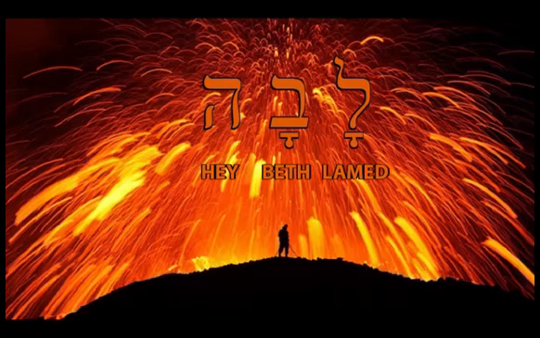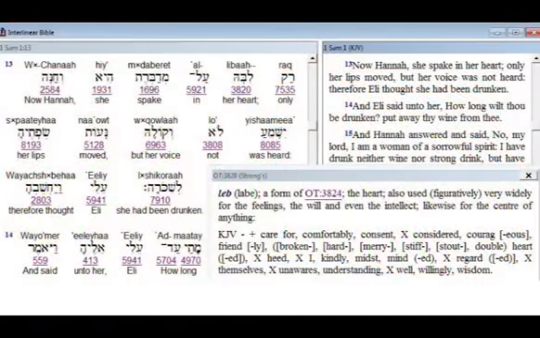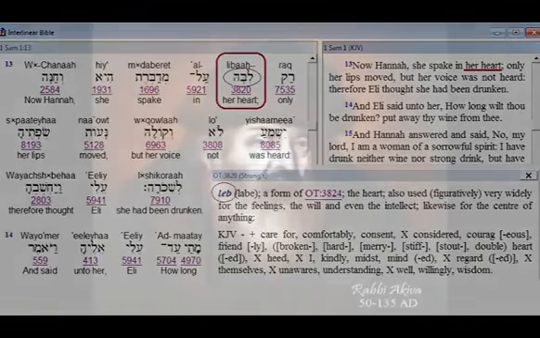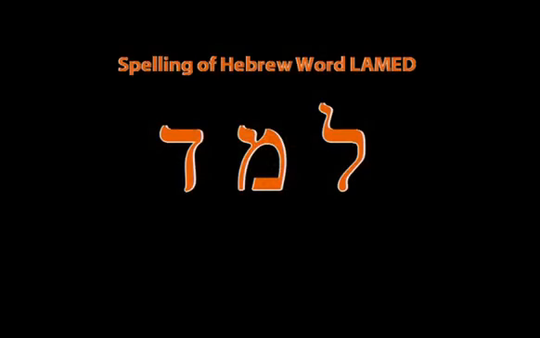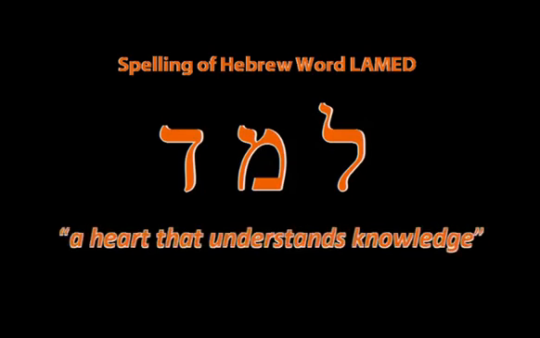What we see is the creation of a beautiful word picture that was created firstly by the meaning of each Hebrew letter and expresses the word picture, her heart. Now, Rabbi Akiva stated that the spelling of the letter lamed produces an acronym which means a heart that understands knowledge.